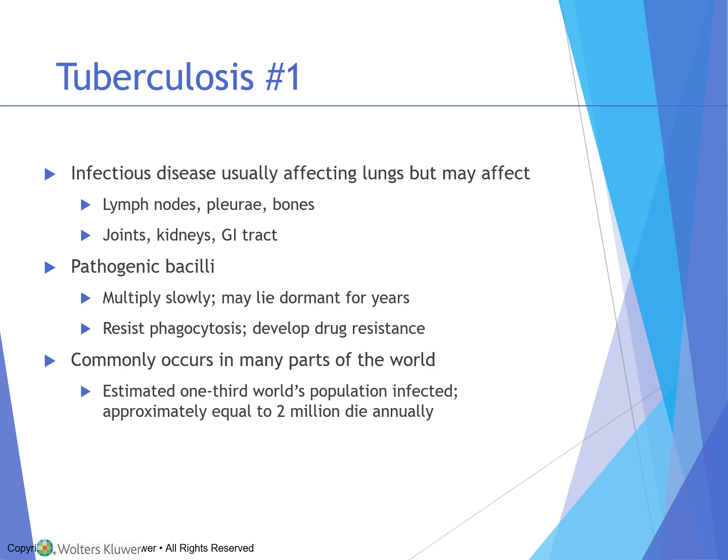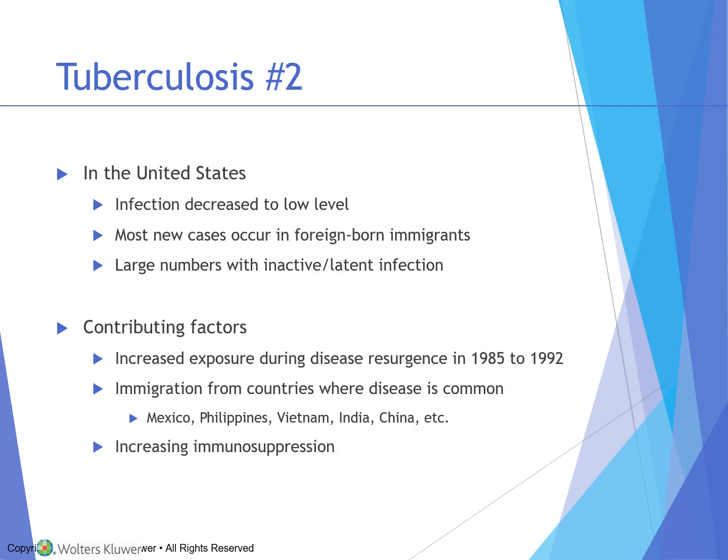That's about 2 million people dying annually because of tuberculosis. Here in the United States, the infection has decreased to a low level. Most new cases occur in foreign-born immigrants and large numbers with inactive latent infection.